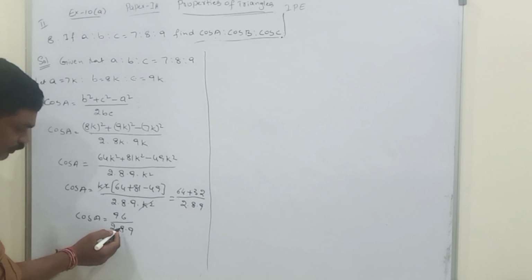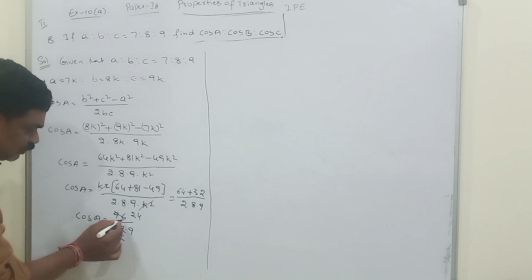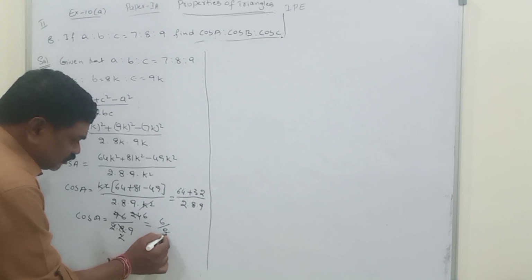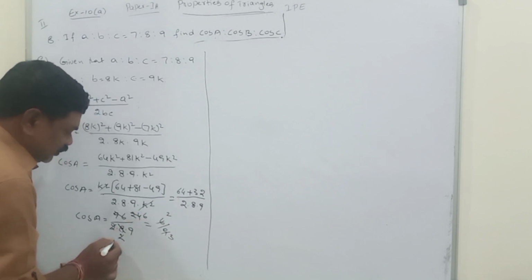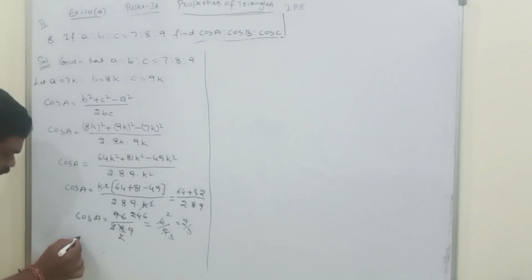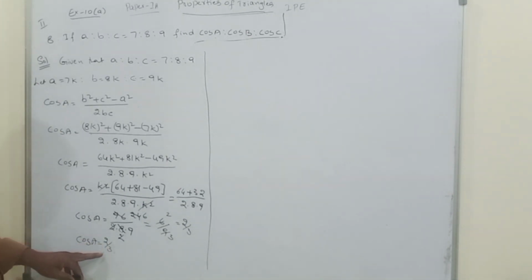Simplifying, 96 by 144, which is equal to 2 by 3. Then cos A is equal to 2 by 3. Cos A value we get is 2 by 3.